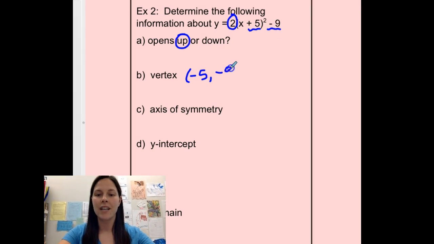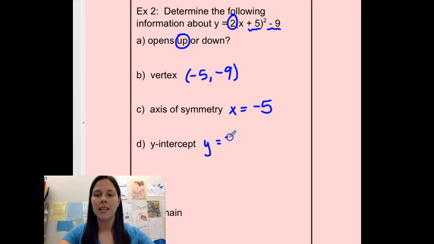It's negative 9, so negative 9 is the y-coordinate of our vertex. The axis of symmetry is an x equals equation. X equals the x-coordinate of the vertex. That's that vertical line that the parabola could get flipped across.